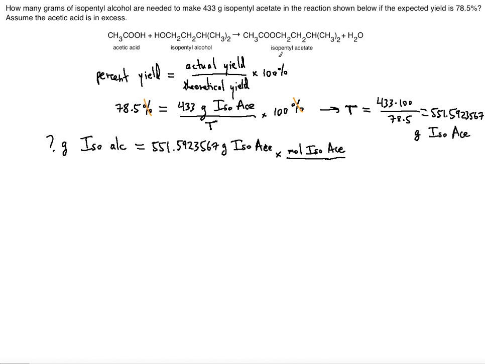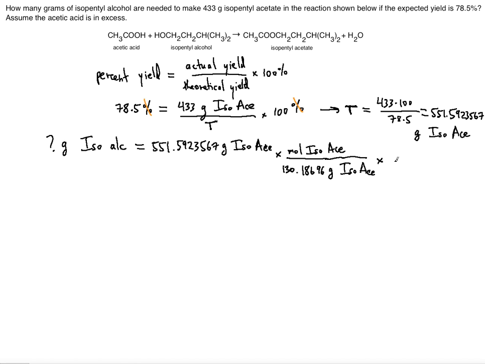If you add all that up, you will get 130.18696 grams of isopentyl acetate per mole.